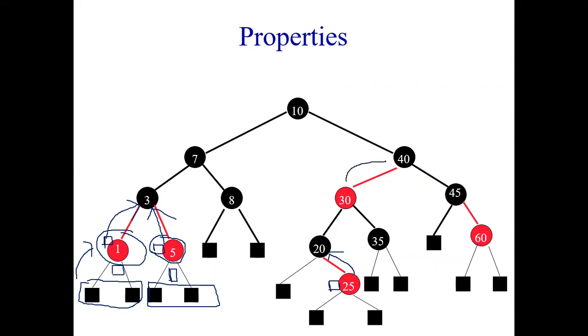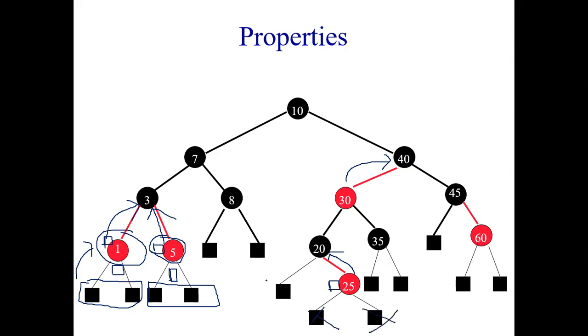Again, when you merge this red node here, this 20 and 30 will go up, and all these external nodes. Previously, this external node was already merged here. All these are merged here.